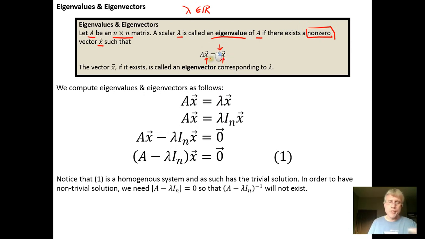In the videos that come subsequently, our job is going to be to figure out first what the scalar is, and then once we have the scalar, figure out what the eigenvectors are.